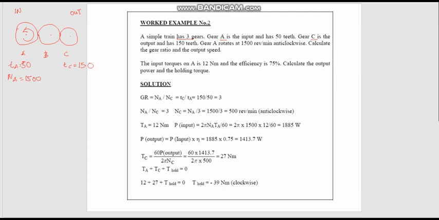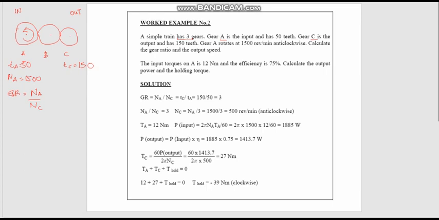So first we need to calculate the gear ratio. The gear ratio equals the input, which is A, over the output, which is C, right? We know what na is, but we don't know what nc is. However, we know the number of teeth for A and C, and we know the relationship between n and t.